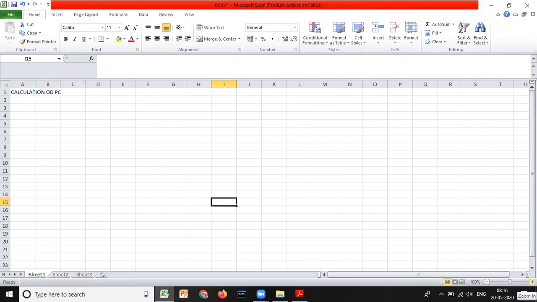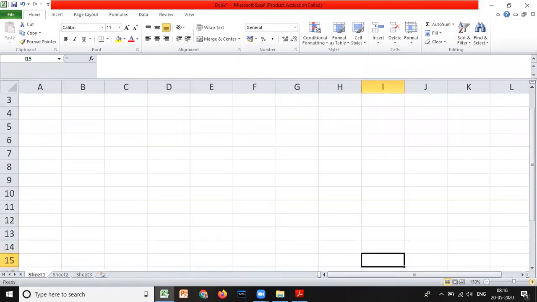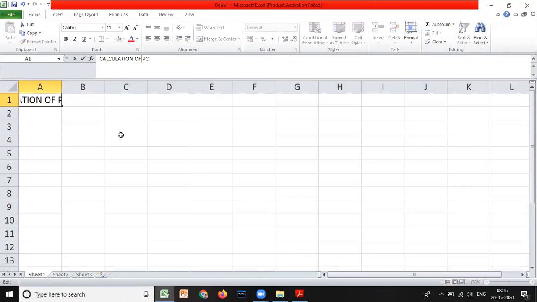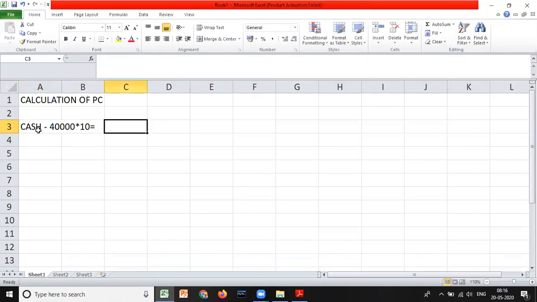Okay. What you need to do, they have done a mistake there. Okay, under that cash. So 40,000 into, for every 1 share, they will be paying how much? 10 rupees. So if you do like this, total amount will be how much? 40,000 into 10, 4 lakh. You can write it as 4 lakh.